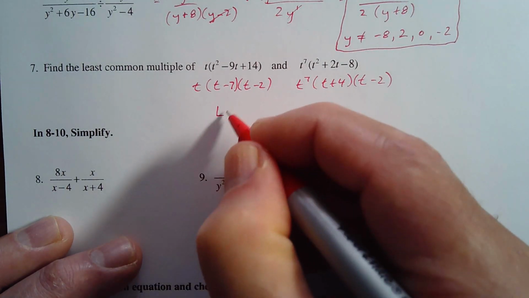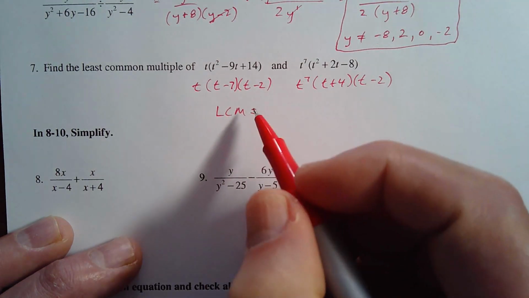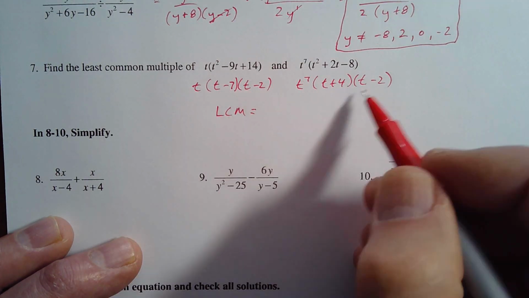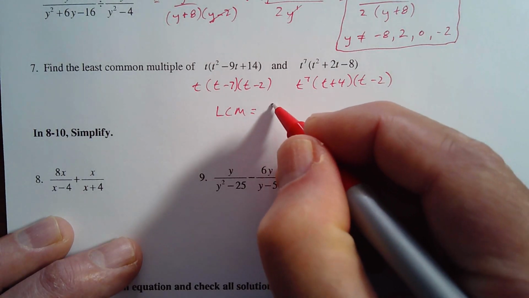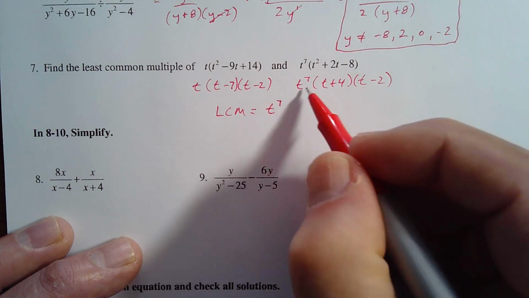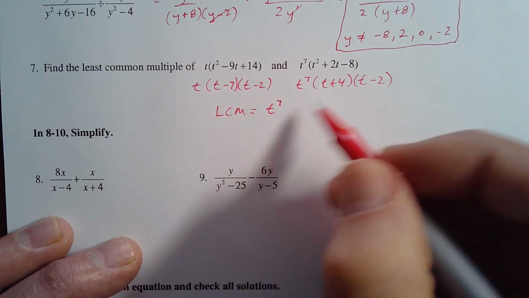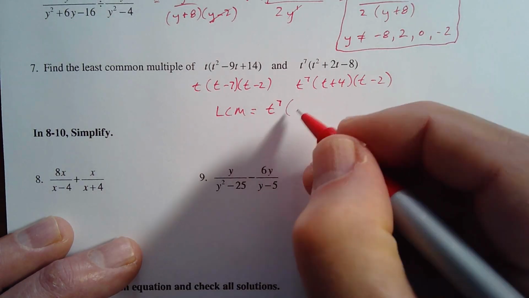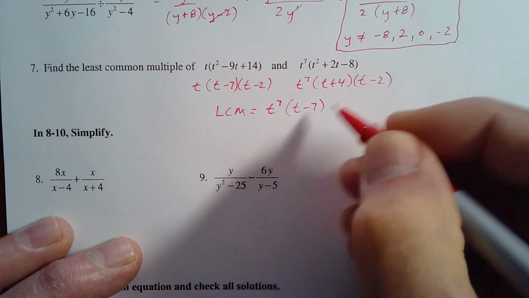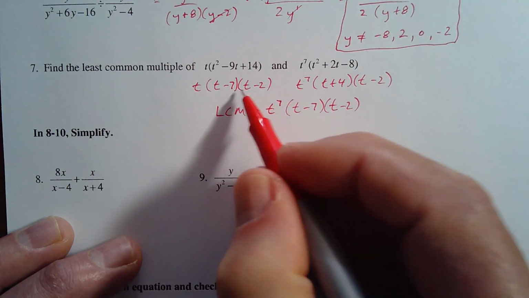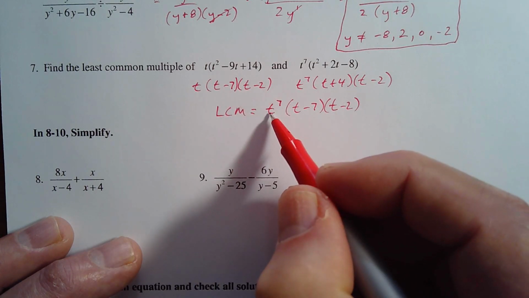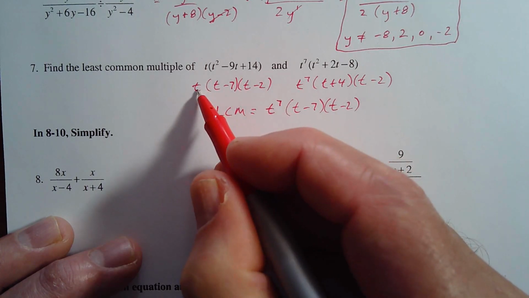Now the LCM, we've got to be able to build both of these with the least number of things. So I'm going to need a t to the 7 to make this one. That'll cover this t. I'm going to need a t minus 7 for a linear binomial, a t minus 2. That allows me to build this first one because there's 7 t's out there, so that covers that 1 t.